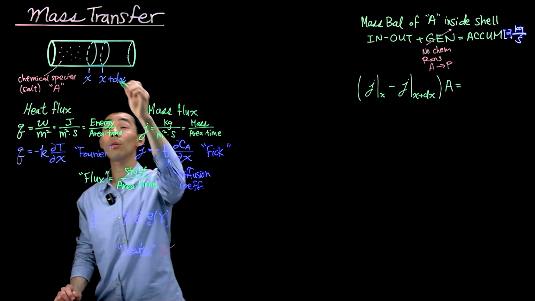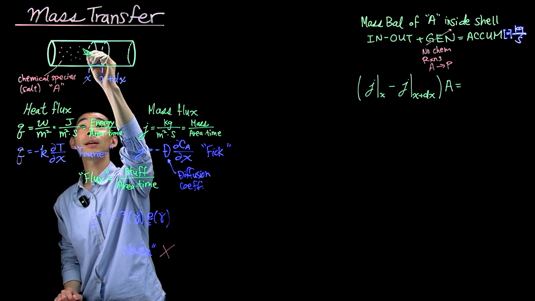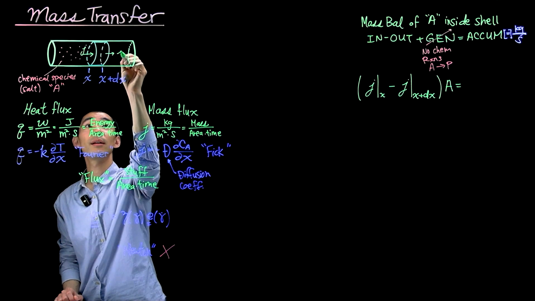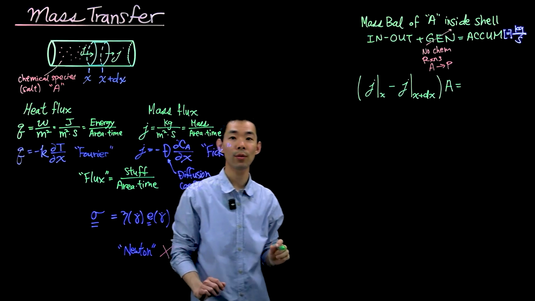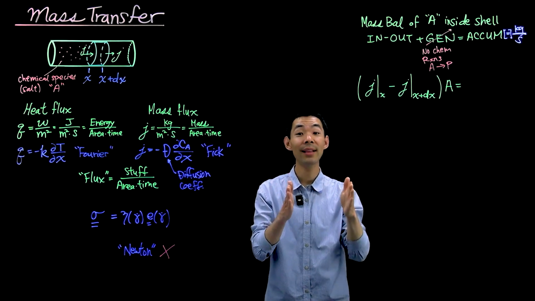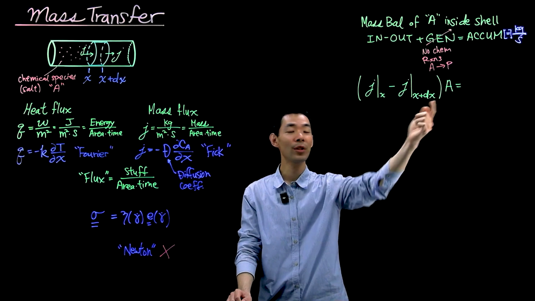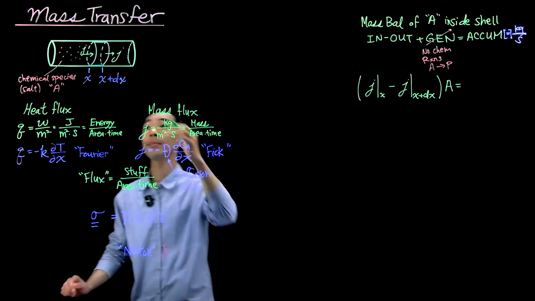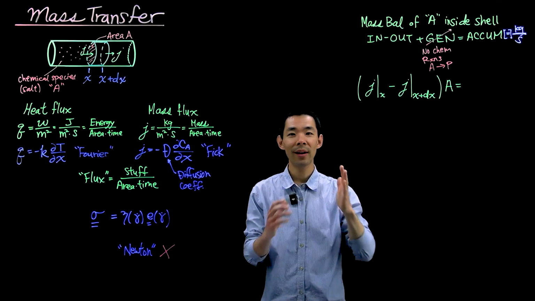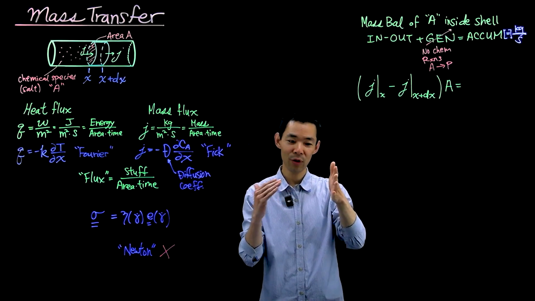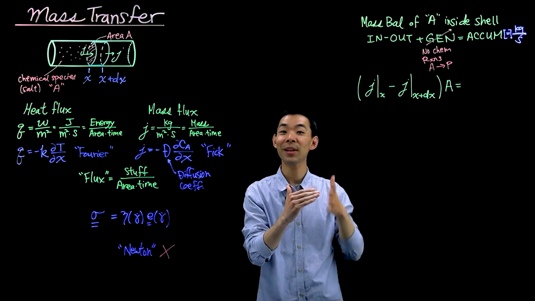So this will correspond to flux in, J, flux out, also J, at the 2 ends of the slab, the shell, and of course multiplied against the cross-sectional area. Of course, the mass that's actually transferred across depends on the cross-sectional area.